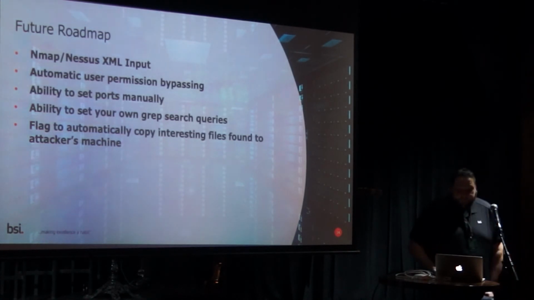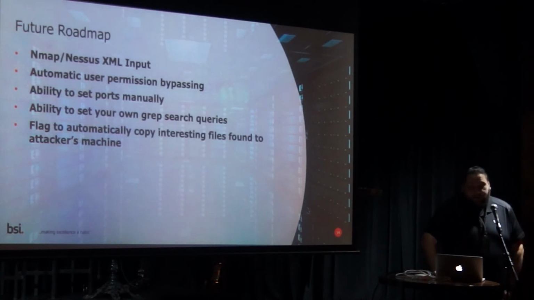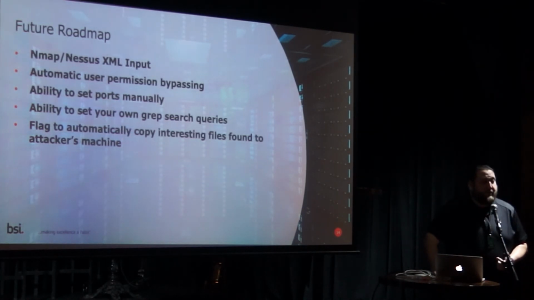All right. Next thing I'm going to change is to add ports manually, because right now I hard-coded it because it was fast, and I haven't actually seen anybody running NFS on random ports, but if the tool ever gets popular, they will. And doing your own grep queries, because I have it just searching for certain things like password equals, but again, it's slow as molasses, so I'm a little worried about people doing a very overloaded grep.